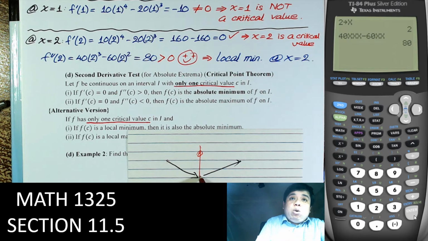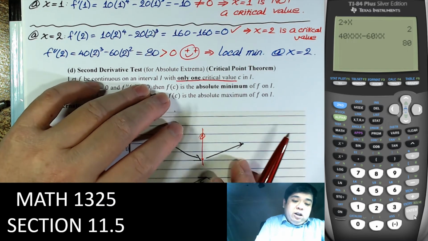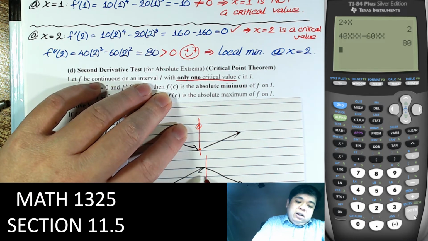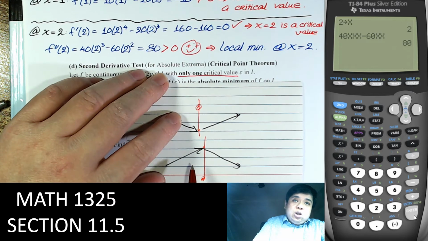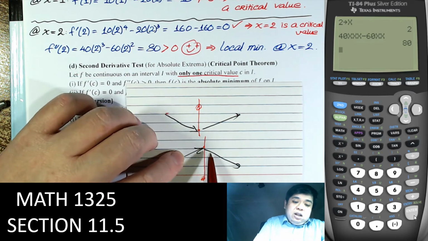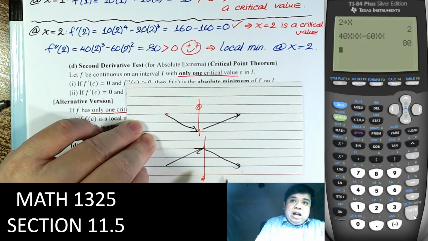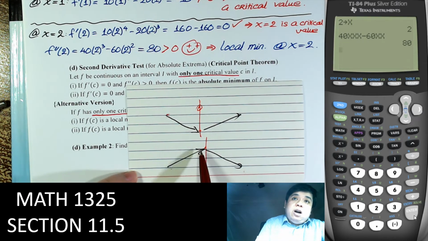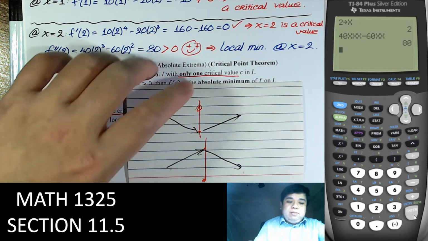And this is not only the local minimum, it is the absolute minimum because it is lower than everything else. Now, if we have only one critical value and it's a maximum, it will be higher than the right and the left. So in this case, the absolute maximum also occurs at the local maximum.